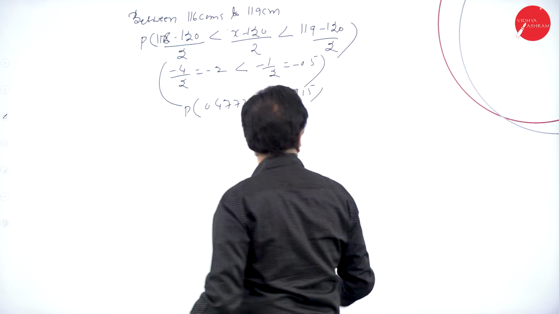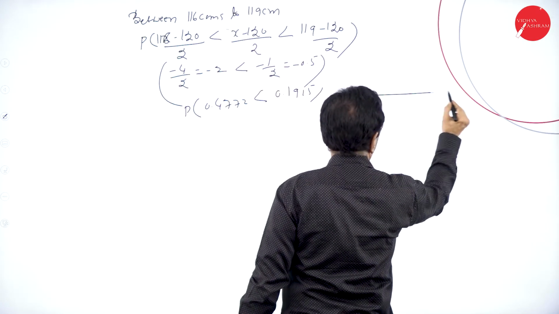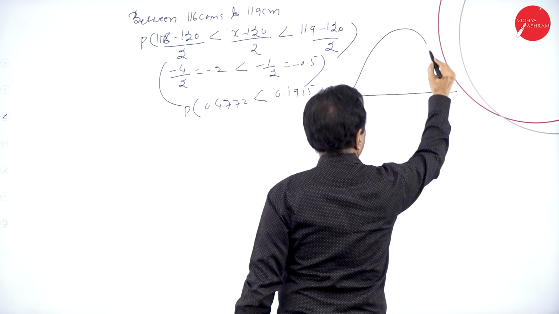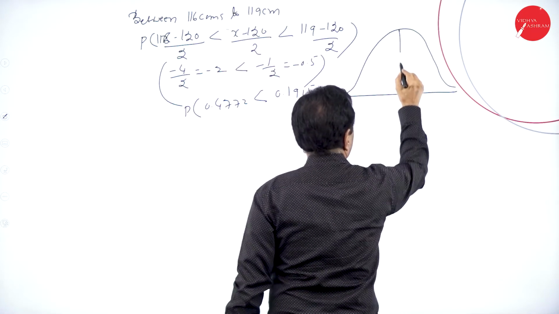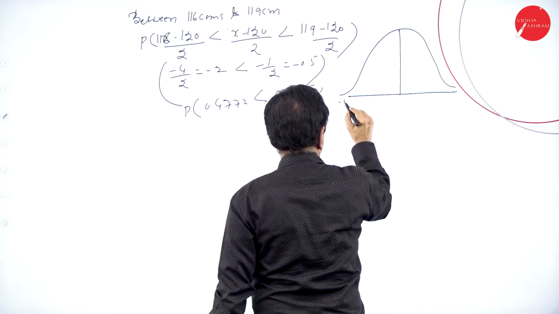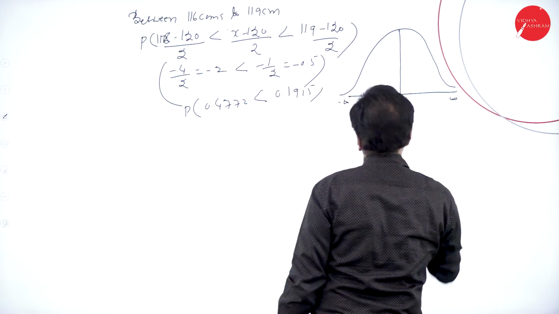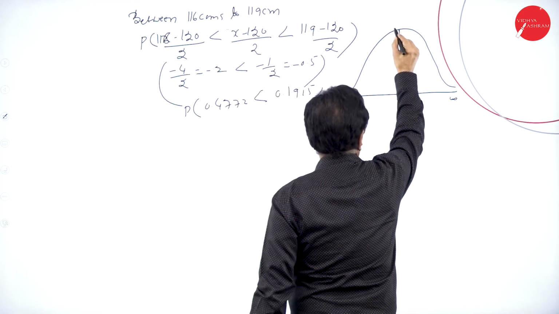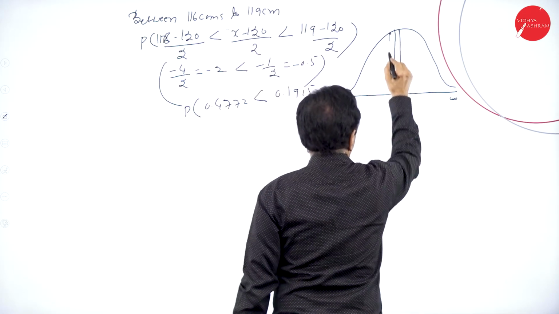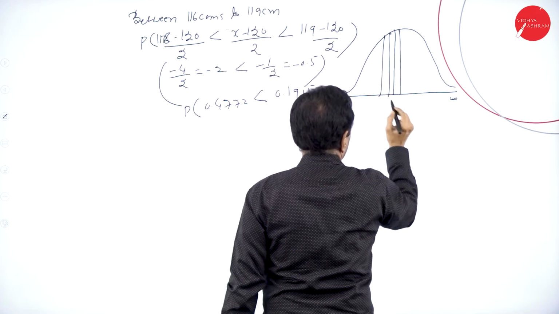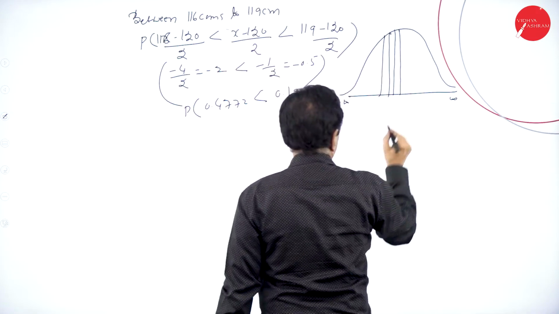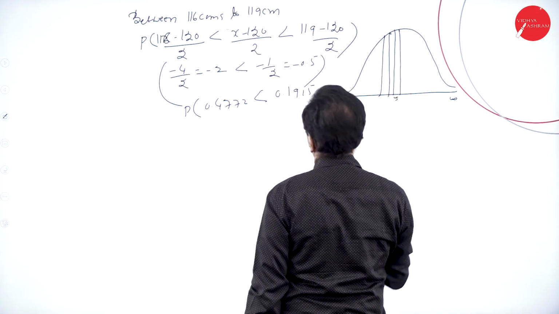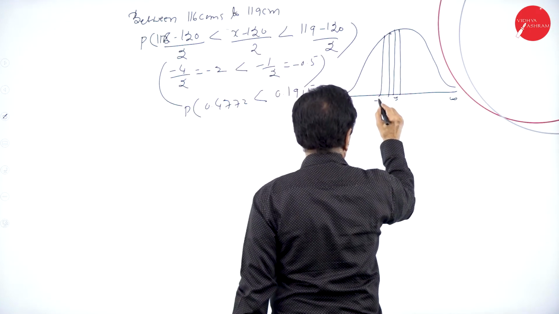If we make a graph here, this is minus infinity, this is positive infinity. Here 0.5, then you have minus 2.